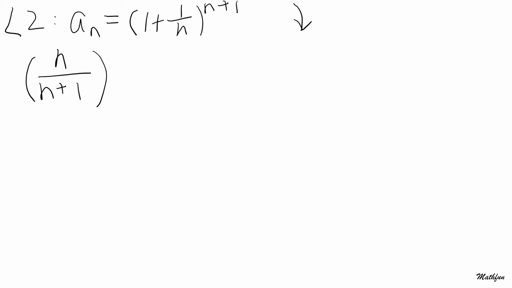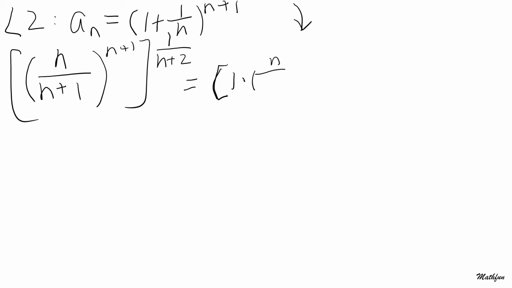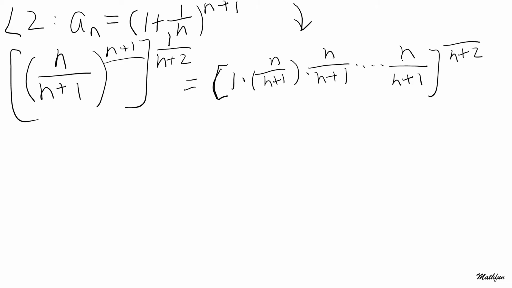And we have this one to the power of n plus 1, and then we're going to take the n plus 2 root, and that will equal the n plus 2 root of 1 times n plus 1 times n over n plus 1, and then plus 1, and how many of them? You have n plus 1 of them.